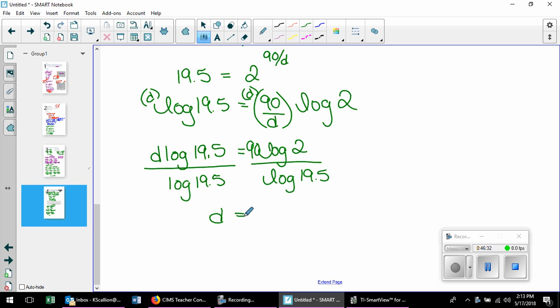Okay, so we're supposed to round to the nearest minute. So if you put it in your calculator right, you should get 21 minutes.